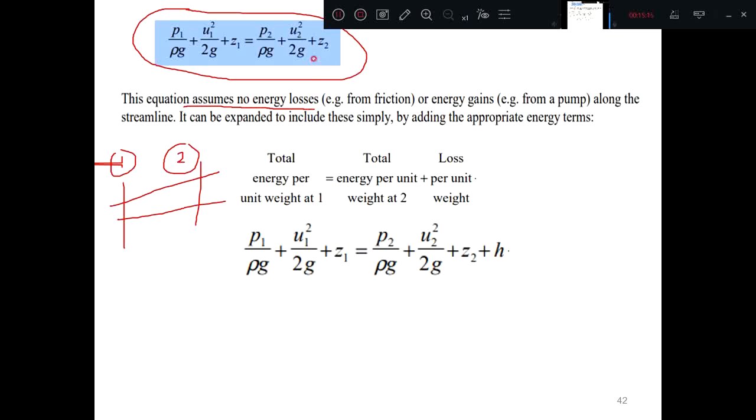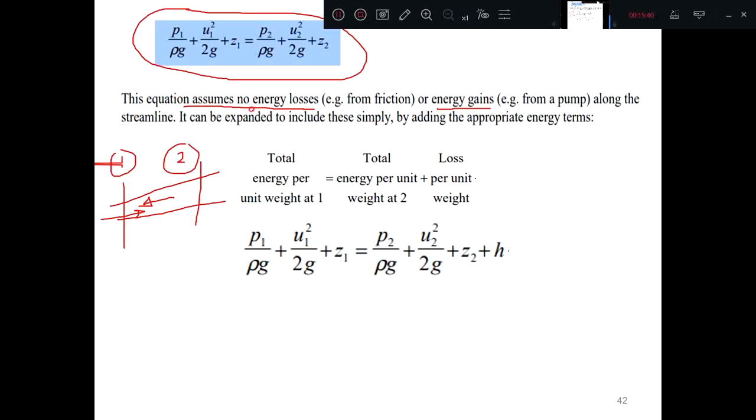We have not considered the energy losses from friction. Whenever the fluid starts flowing, there will be a resistance. That resistance is because of fluid friction, the frictional force, hence there will be losses in a fluid. So we neglected those losses or energy gains.